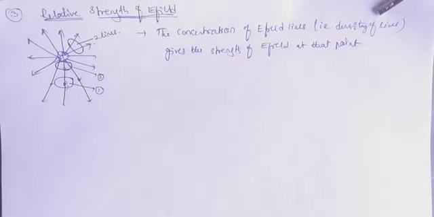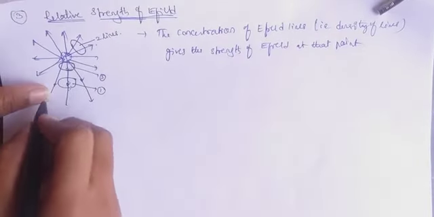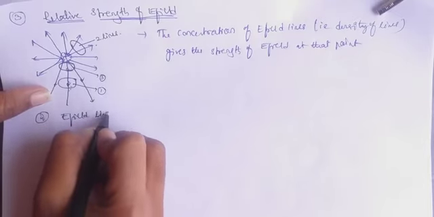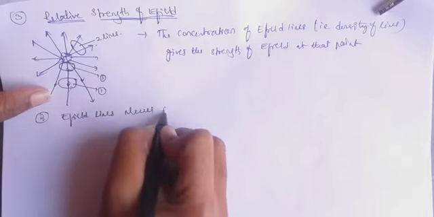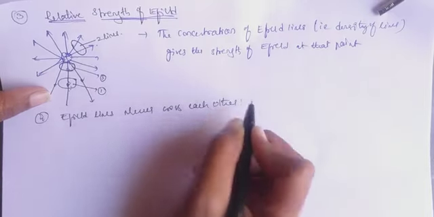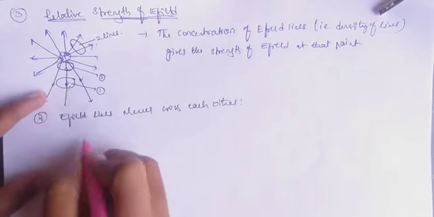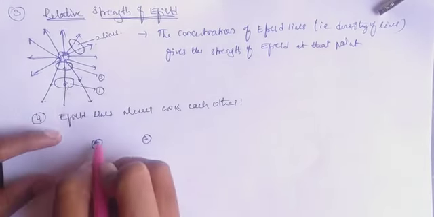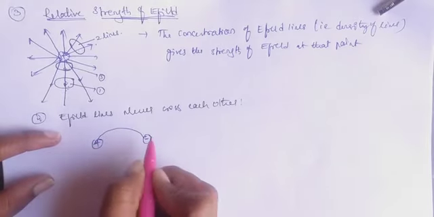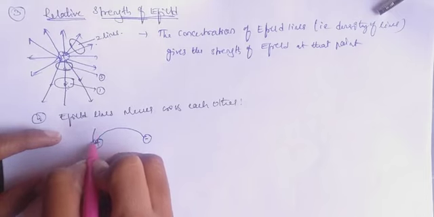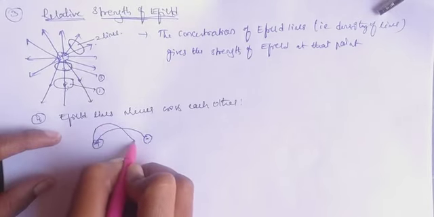Strength of the electric field at that point. Fourth property: the lines should never cross each other. So E field lines never cross each other. Here this is a positive charge and this is a negative charge. One line starts here and ends here, and another line starts from the positive charge and ends at the negative charge.